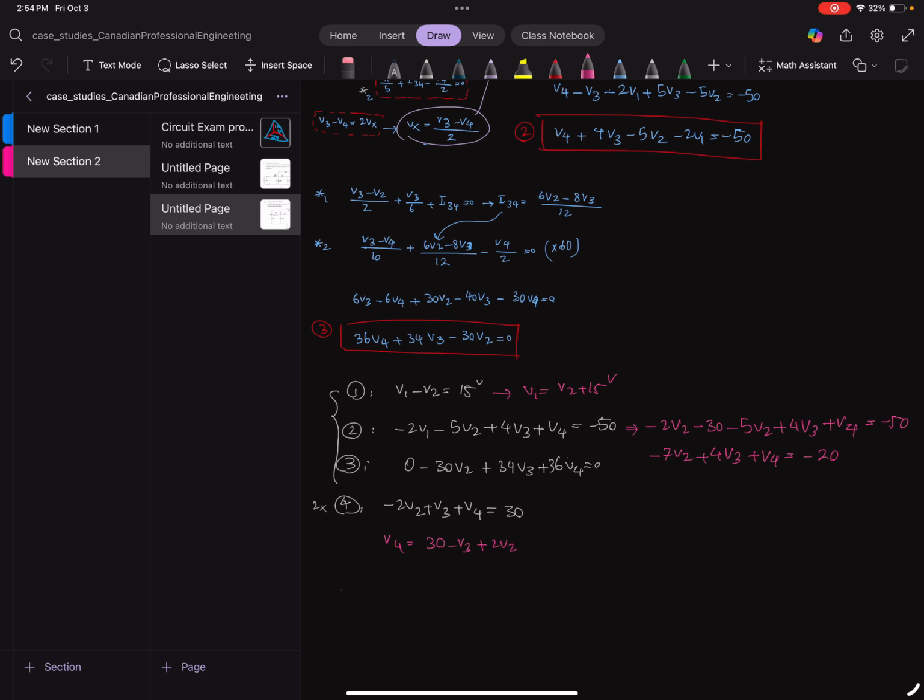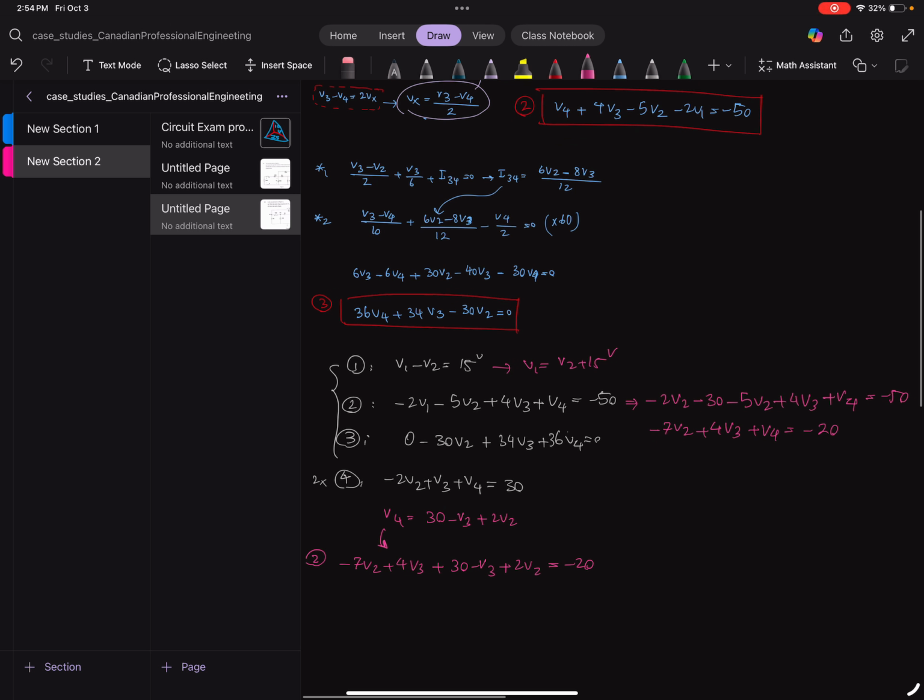So then we have minus 7 V2 plus 4 V3 plus V4, which is 30 minus V3 plus 2V2, is minus 20. I rewrote equation 2 with this information here.